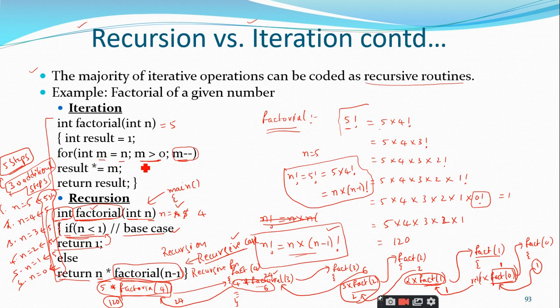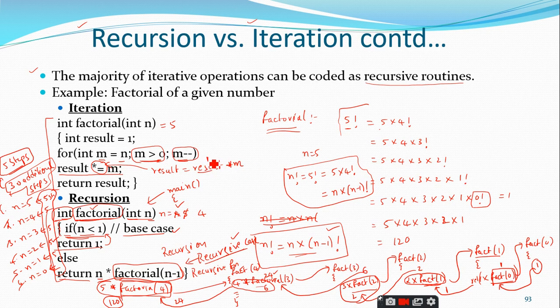So I am repeating the loop until this condition m greater than 0 fails. That means until m becomes 1, it will execute, right? I am writing result star is equal to m. This is a shorthand operator we have seen in the earlier classes, so this is equivalent to result is equal to result star m.